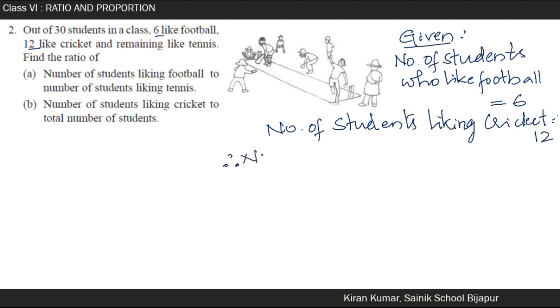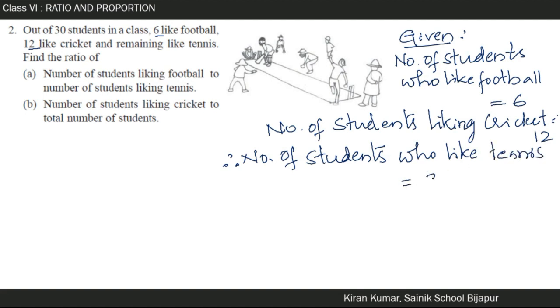Therefore, the number of students who like tennis will be the total number minus the sum of the number of students liking cricket and football. We get 12.